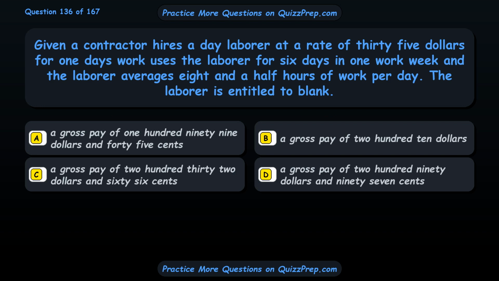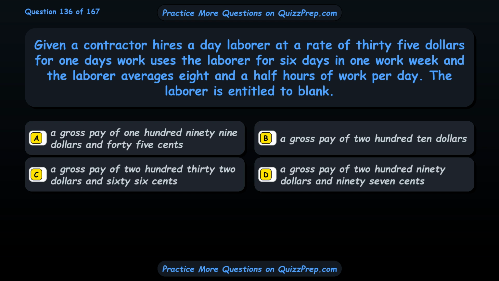Question 136. Given a contractor hires a day laborer at a rate of $35 for 1 day's work, uses the laborer for 6 days in 1 work week, and the laborer averages 8.5 hours of work per day, the laborer is entitled to blank. Option A, a gross pay of $199.45. Option B, a gross pay of $210.